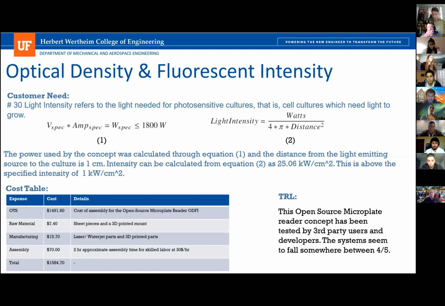And on cost, the most expensive part was an off-the-shelf CCD detector, and the total cost would be about $1,500. And the TRL for this subsystem would be somewhere around 4, since it has been tested by other people, but we haven't tested it ourselves, and we're basing our information on someone else's testing.